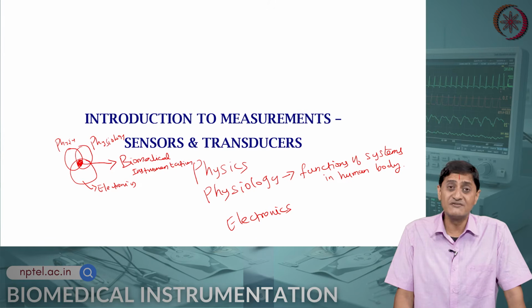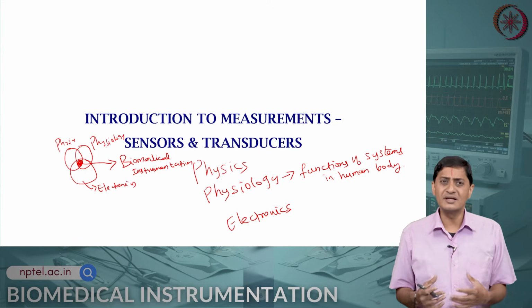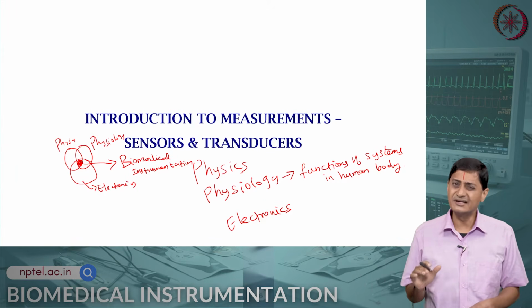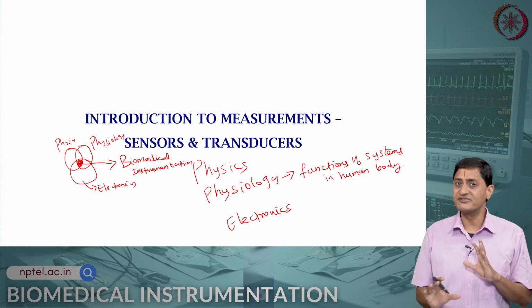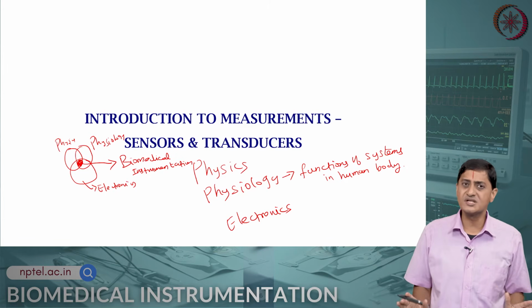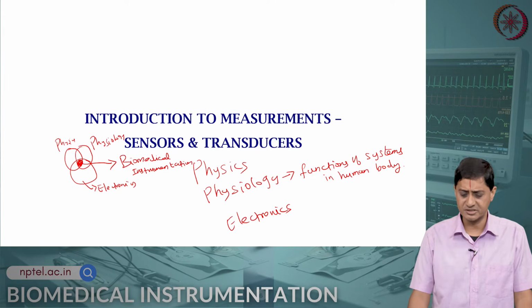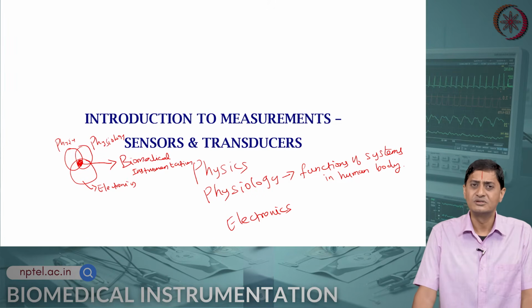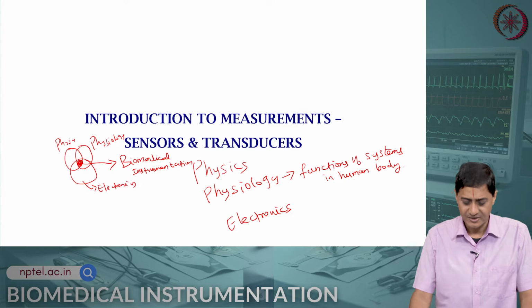Otherwise, you need to invest the time to learn that amount of physiology to do well in this course. So, the emphasis is a little bit more on electronics and physics and a little less on physiology, but we are still working at the cusp of these three fields: physics, physiology and electronics. This is biomedical instrumentation, and I am super thrilled to welcome you to this journey of biomedical instrumentation.